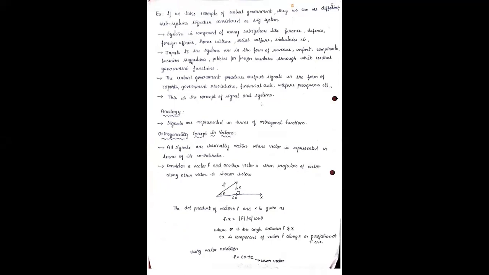A continuous time signal is defined for every instant of time. A discrete time signal is defined only at particular instants of time.